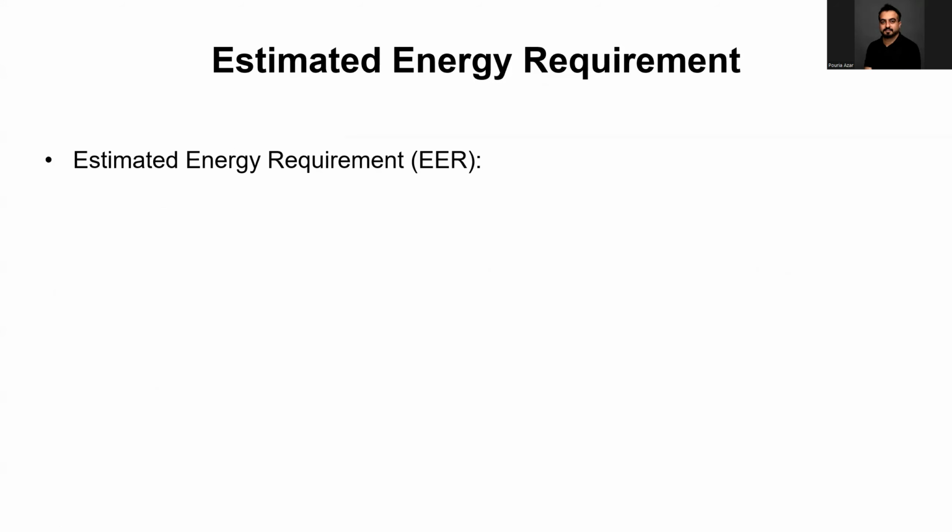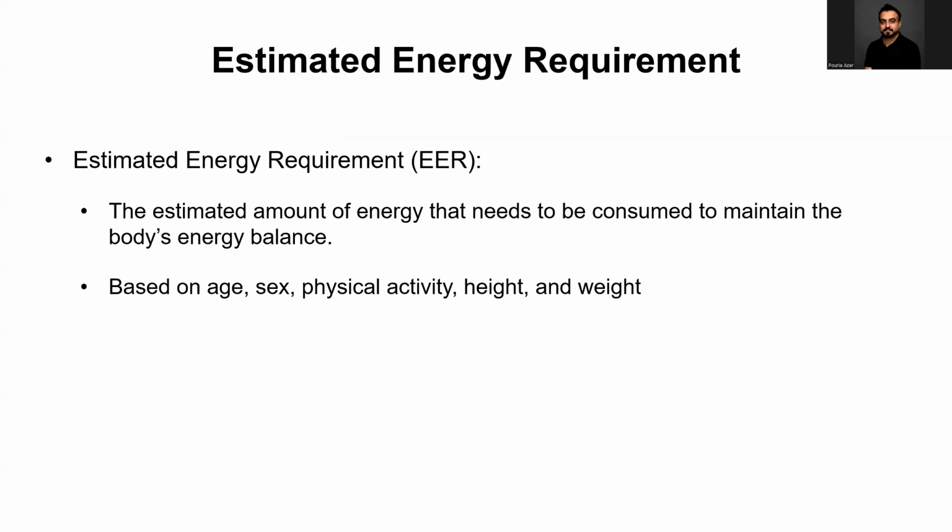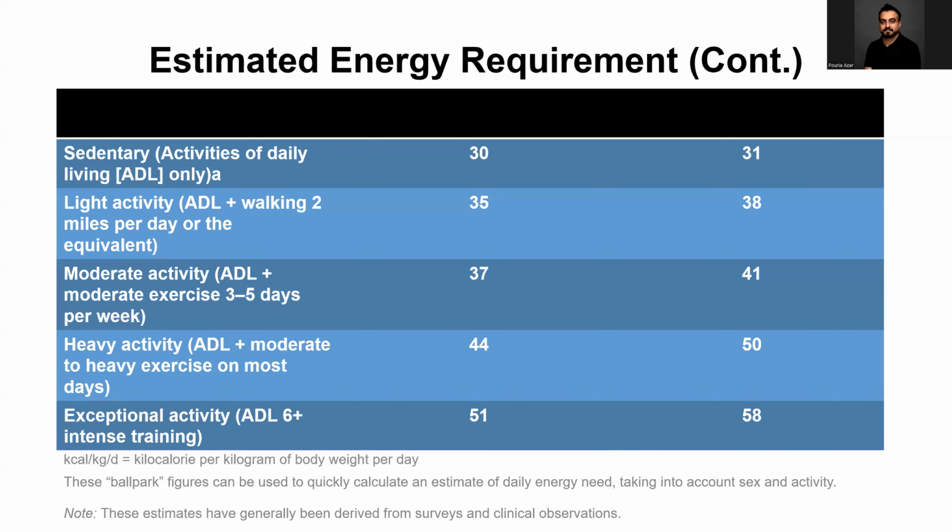And so we have the estimated energy requirement, or EER. This is another term. This is the estimated amount of energy that needs to be consumed to maintain the body's energy balance. And it is based on age, sex, physical activity, height, and weight. Here, this table shows the estimated energy requirement. So we have sedentary, light activity, moderate activity, heavy activity, and exceptional activity. And these are the estimated energy requirements.